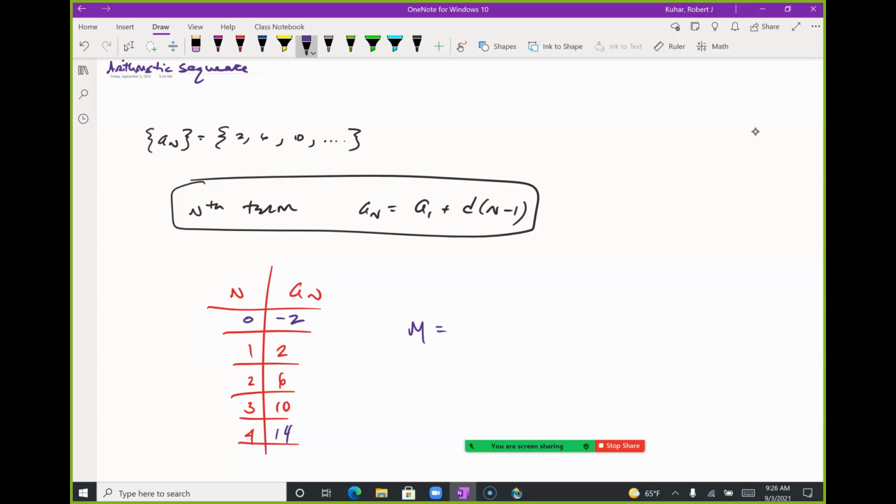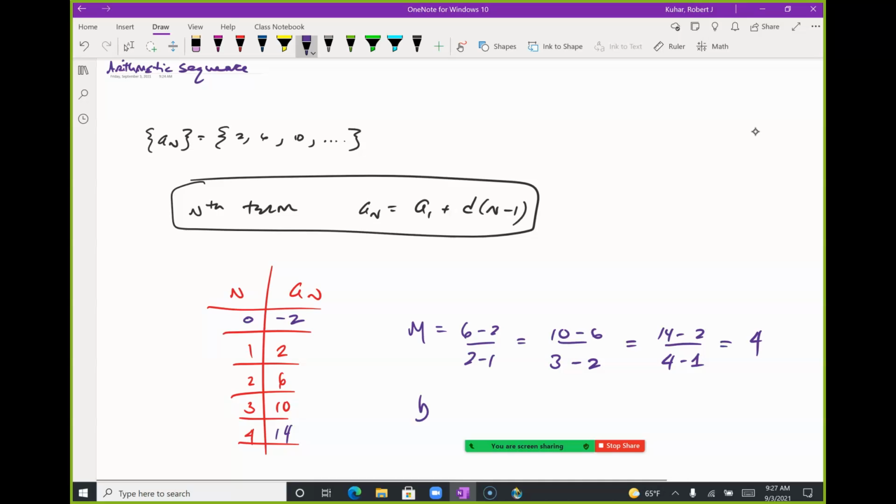So I get a slope of 4, right? It's not a coincidence that the slope is the same as d. Like 6 minus 2 over 2 minus 1, or 10 minus 6 over 3 minus 2, or 14 minus 2 over 4 minus 1. Any 2 points I use, I should get the same slope. All of them are 4.